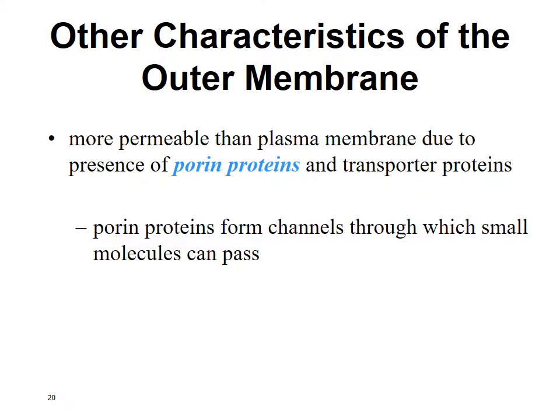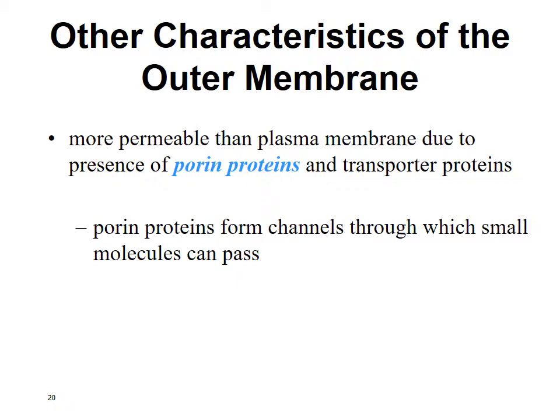Despite this role of LPSs in creating a permeability barrier, the outer membrane of gram-negative bacteria is actually more permeable than the plasma membrane, and it permits the passage of small molecules like glucose and other monosaccharides. This is due to the presence of porin proteins, which are found in the outer membrane.